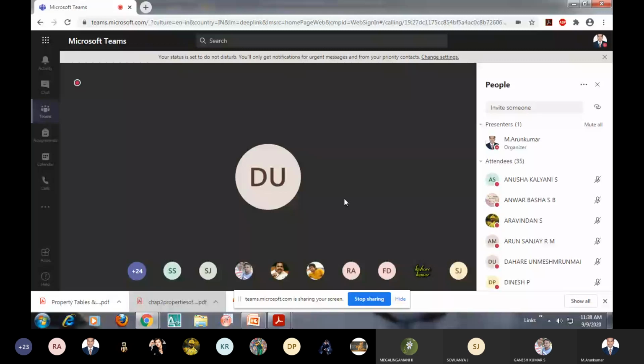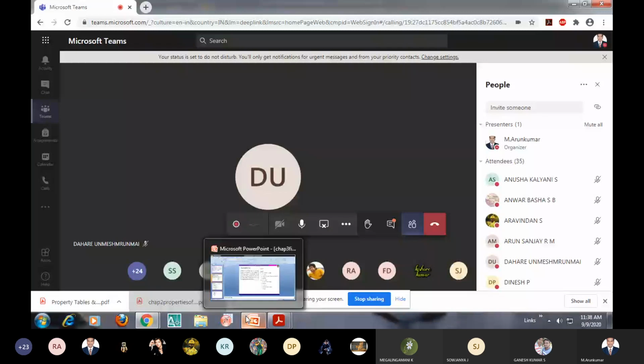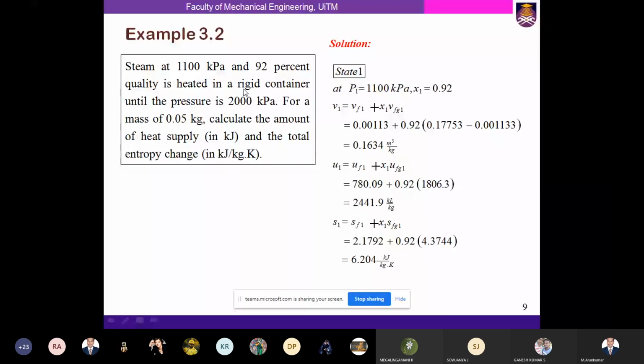So we are solving this problem. They gave P1, they gave X, and it is heated in a rigid container, that is a constant volume process, until the pressure is 2000 kilopascal, P2 given, for a mass of 0.05 kg, m given.